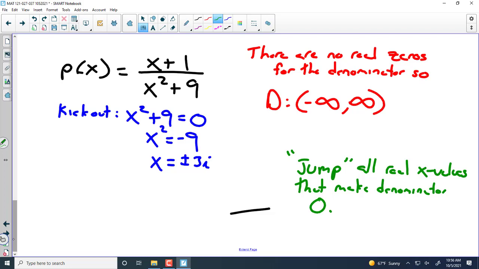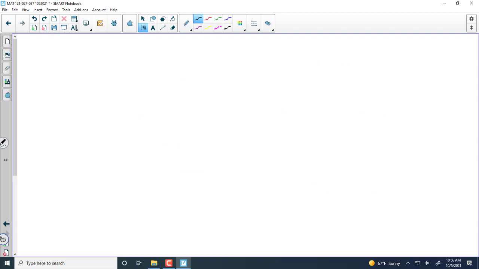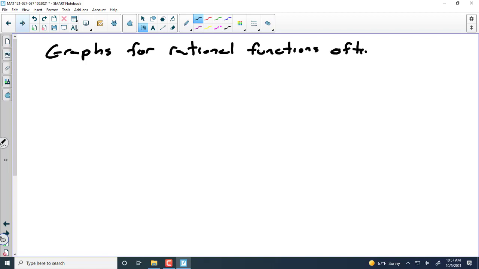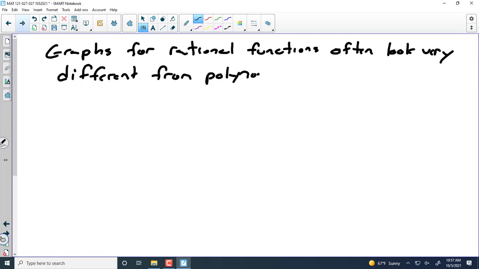All right, let's talk about what a rational function looks like. Graphs for rational functions often look very different from polynomials.